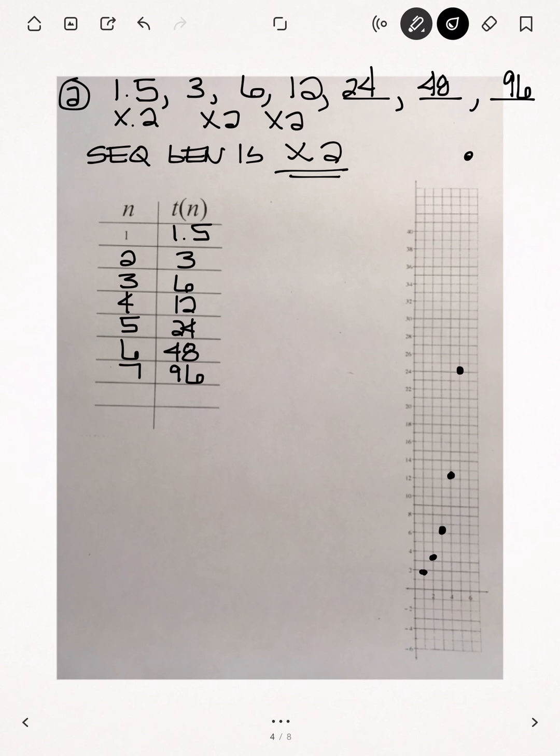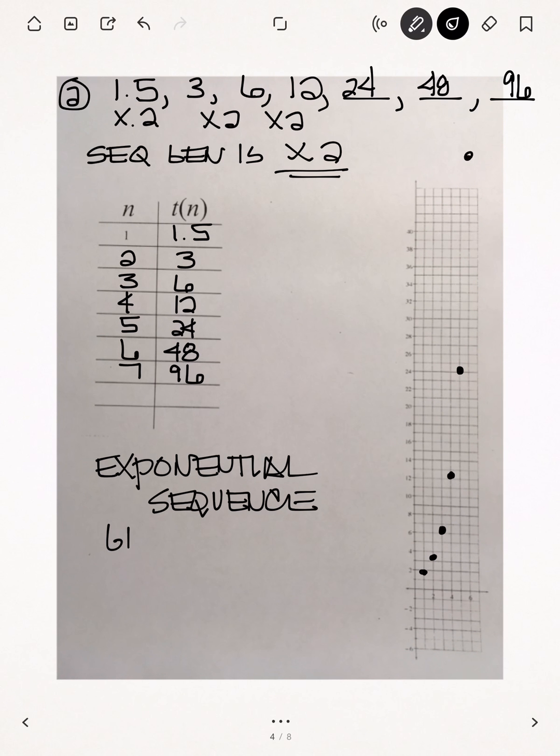Well, it's not linear. We would say this is exponential. This is an exponential sequence. And it grows by multiplying by 2.